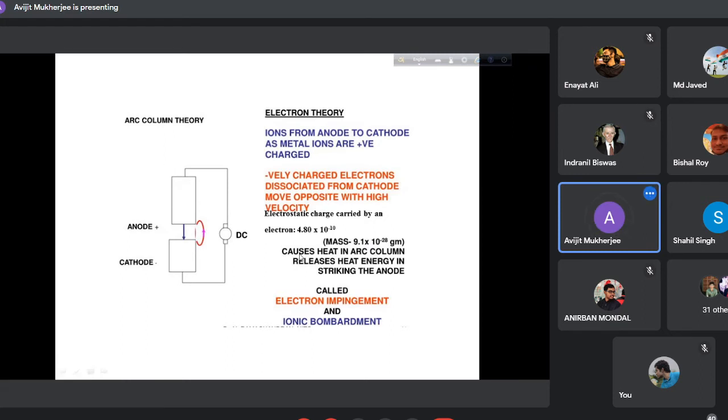Now there are various theories behind this. One is the electrical theory, which is not shown here, and the second is the electron theory. First theory is the electrical theory, not electron, electrical theory.